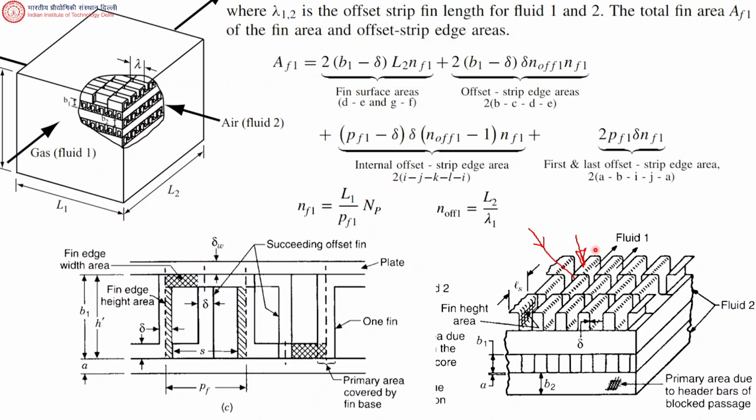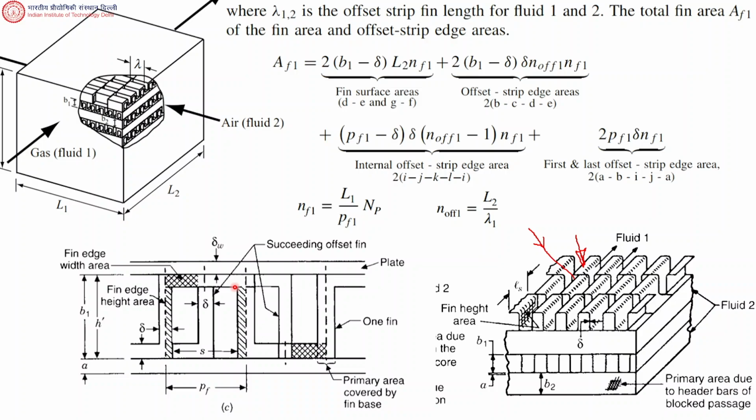But then we have to take care of the front face of the first row and the back face of the last row. So that will turn out to be 2 PF1 delta NF1. So this is easy. PF1 into delta will be like this multiplied by this whole rectangular area. Fine.